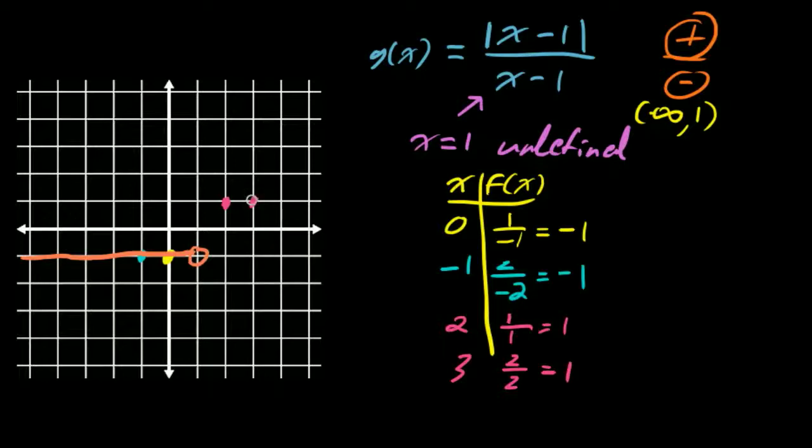Hopefully you can see again that for all the values from 1, not including 1, so the open interval from 1 to infinity, we're going to have something positive on the top divided by something positive on the bottom. So then we're just going to have this line at y equal to 1.